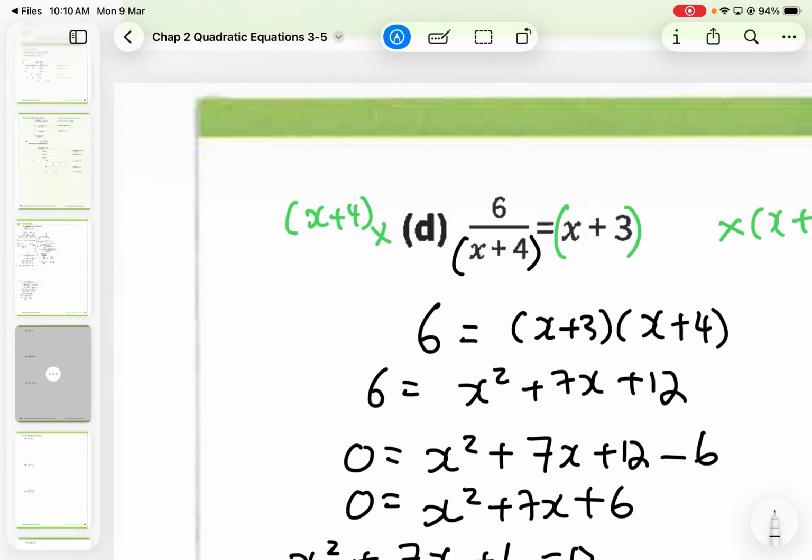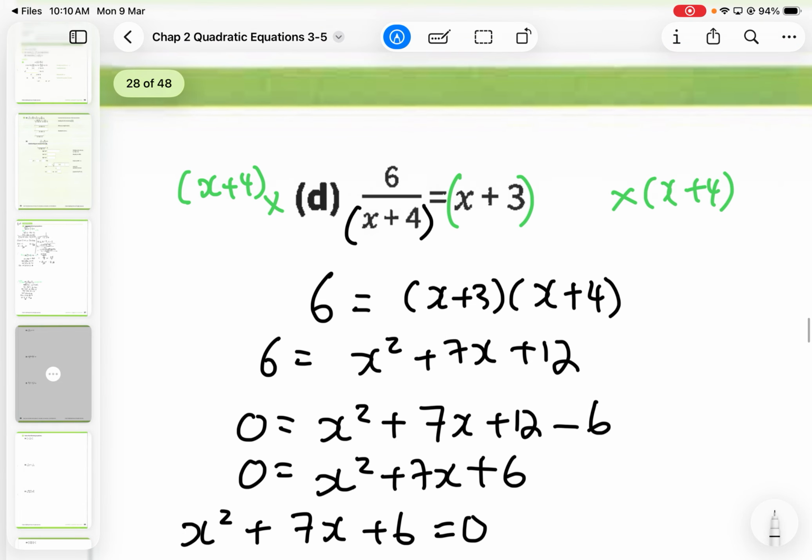But when I multiply x plus 4, I must multiply to the right hand side also. When I multiply to the right hand side, I must multiply the entire right hand side. My right hand side got these two terms. So when I multiply this to the entire right hand side, that's why they must be inside a bracket. If you never put the bracket, then wrong already. Okay? Because I'm multiplying it to the entire right hand side.